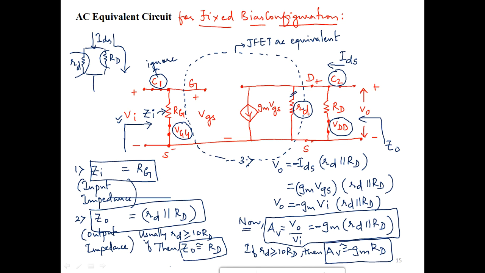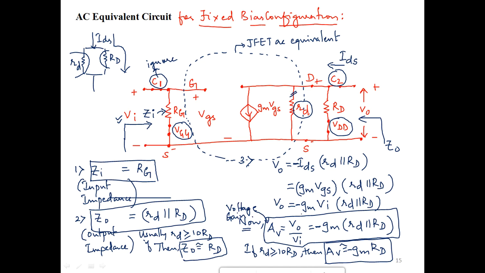Further, we have also obtained the corresponding expressions for the input impedance, output impedance, and the voltage gain. Okay, so AV stands for the voltage gain.